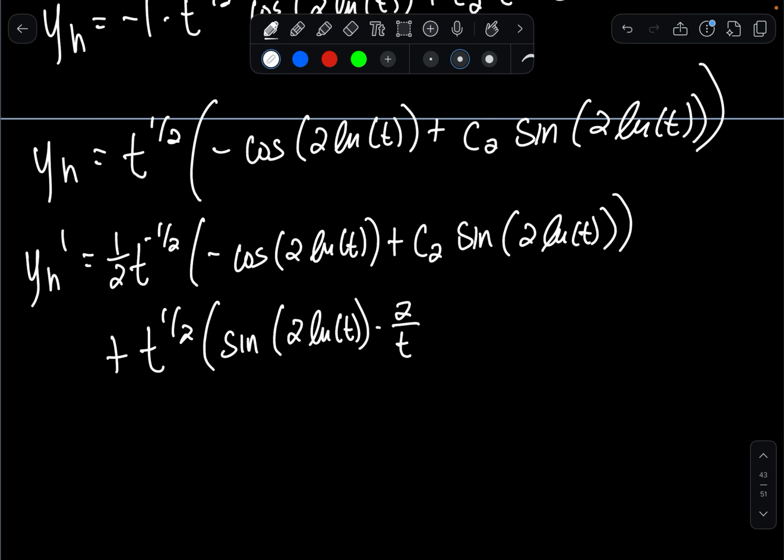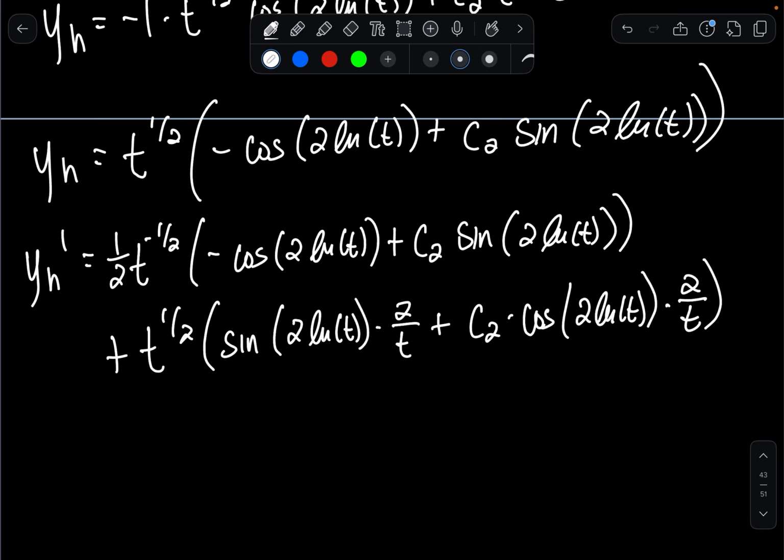And then we'll do the similar type of thing to find the derivative of this piece, which will give us C2 times the derivative of sine, which is cosine, 2 natural log of t, times, again, the chain rule forces us to put a 2 over t at the very end.